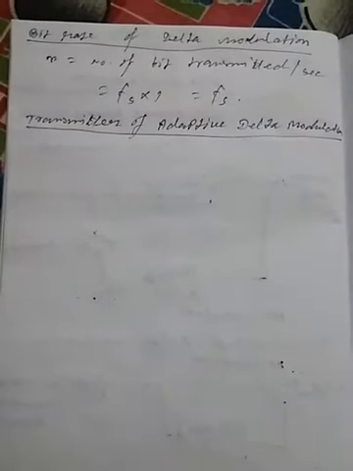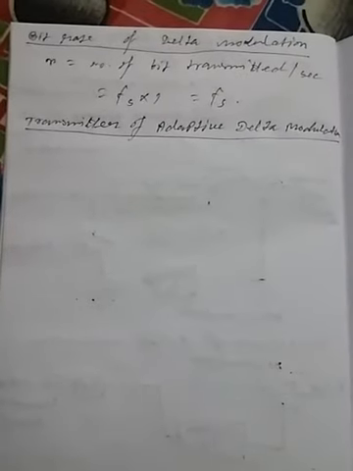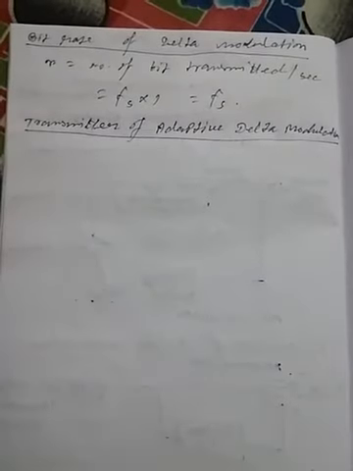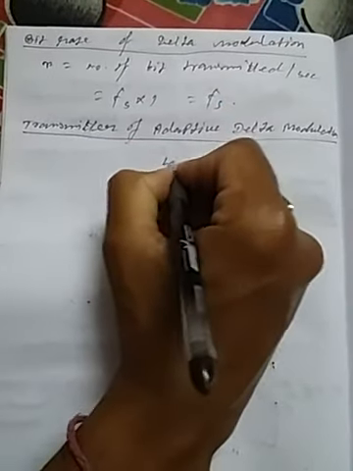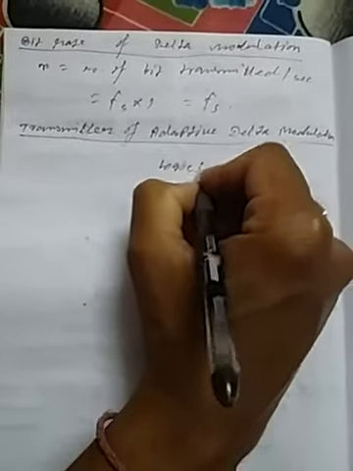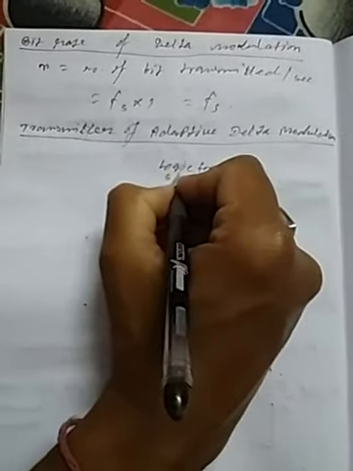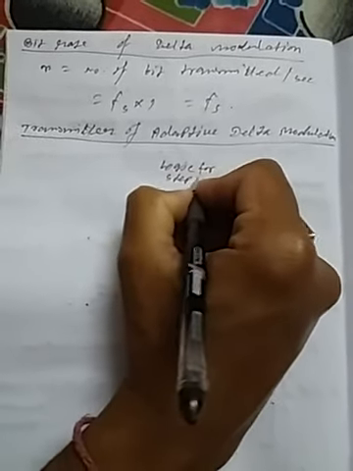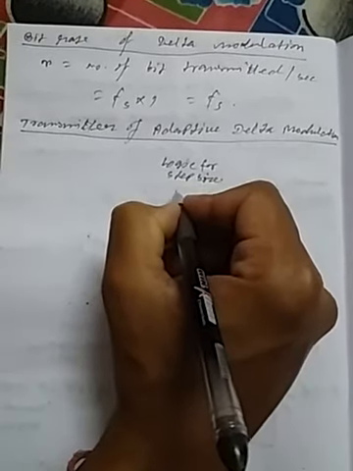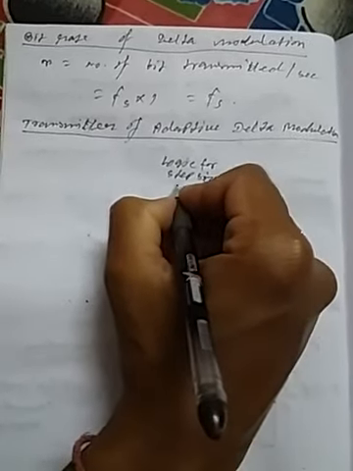The block diagram for the transmitter part of adaptive delta modulation consists of 3 units: logic for step size control.